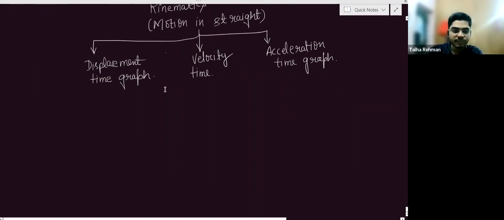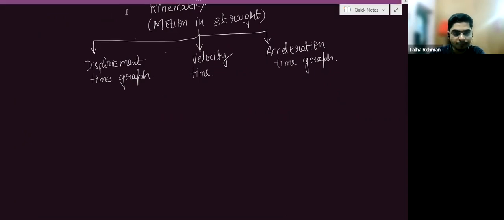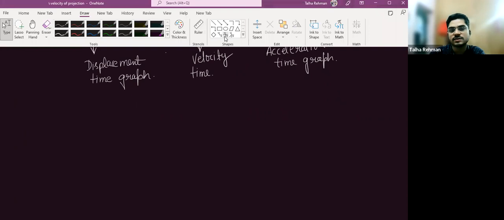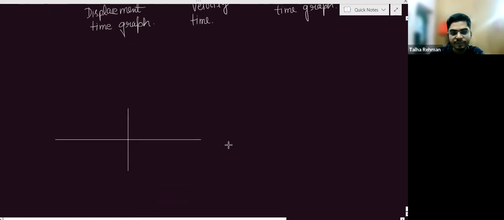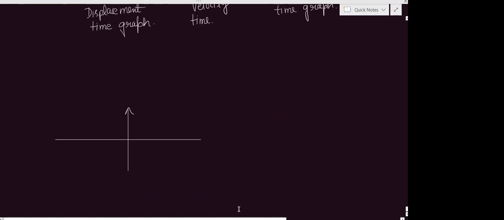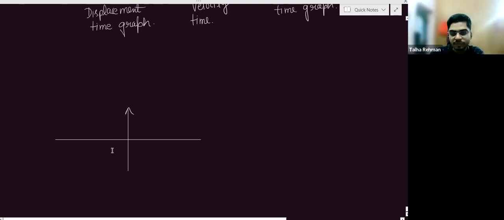Okay, so basically in this, we will take two axes. You know what are the axes? X-axis and Y-axis. This vertical line is the y-axis.